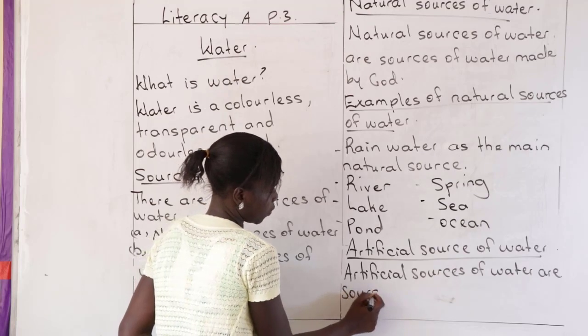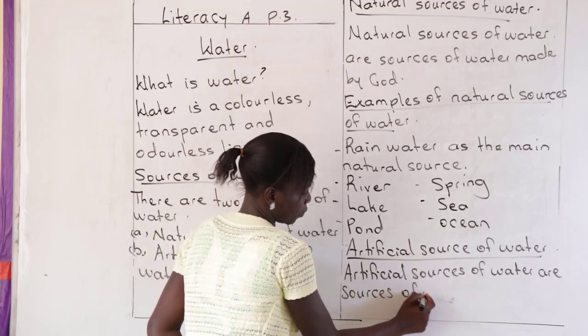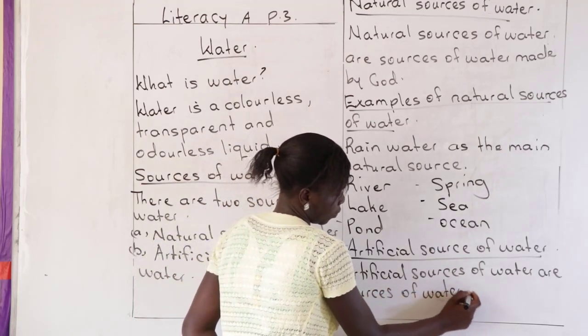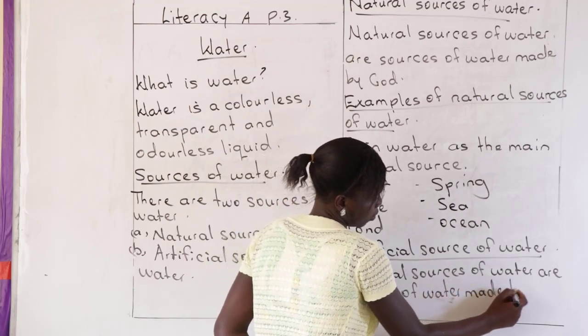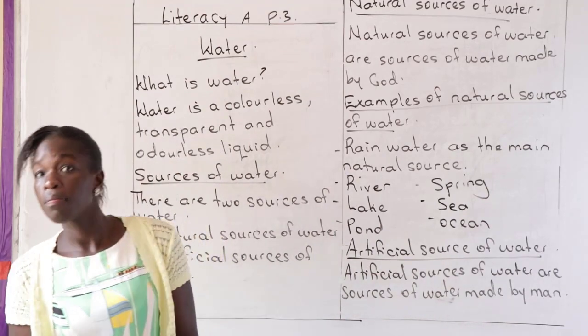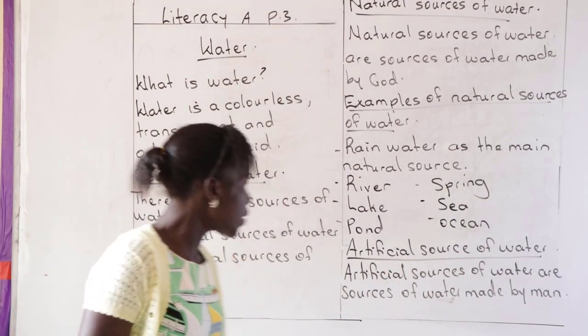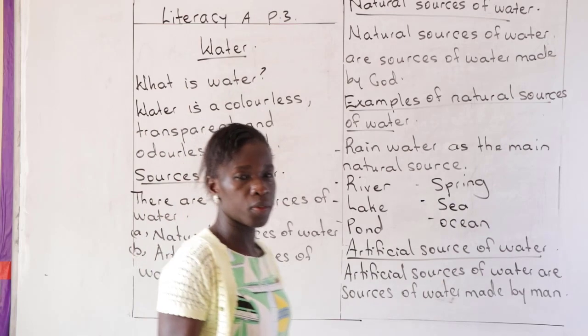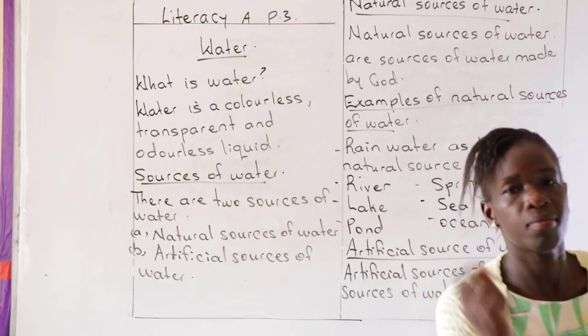So these are the sources of water made by man. Examples of these artificial sources of water are the sources of water that man made.